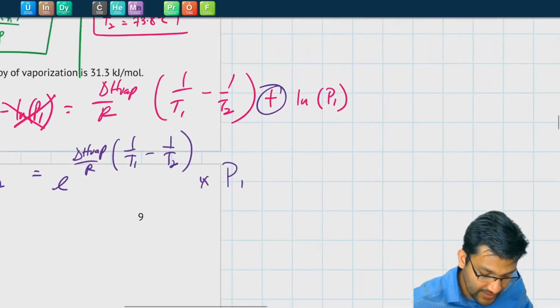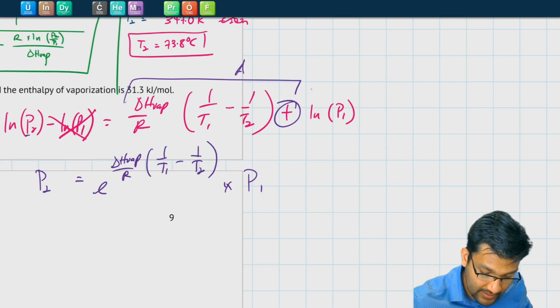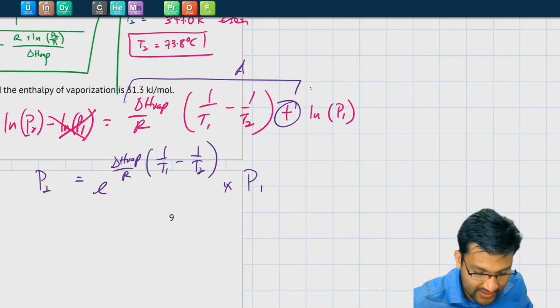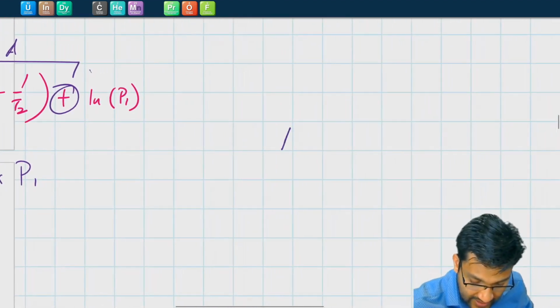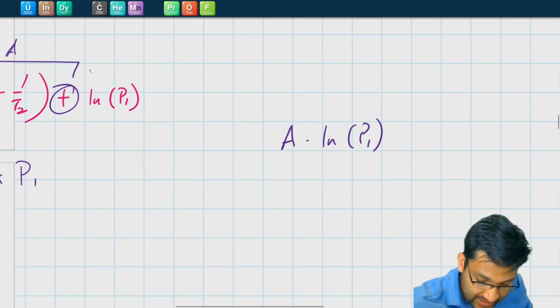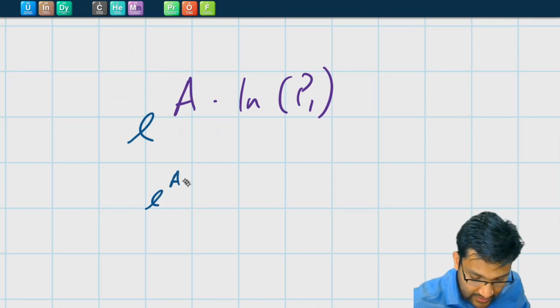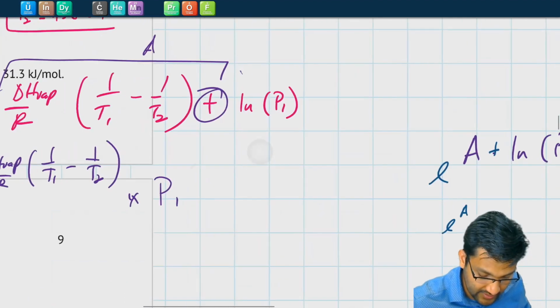If you want to figure out how I did that, let's just call all of this stuff here A. So we have A plus the natural log of P1, and we were taking the exponent of all of this. That will be equal to the exponent of A plus natural log of P1, not multiply, because there's a plus here.